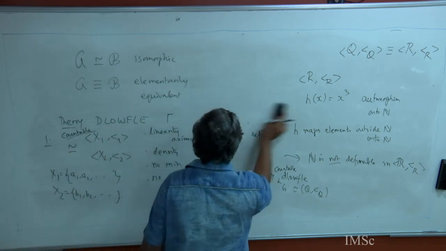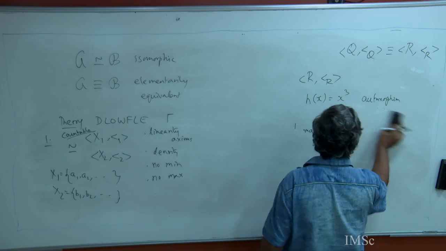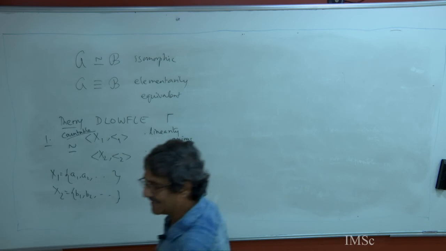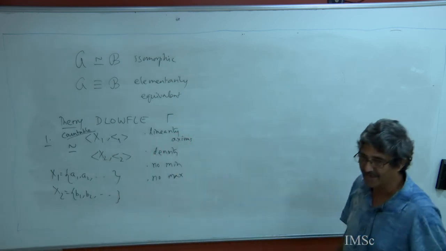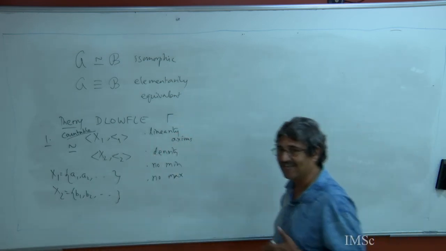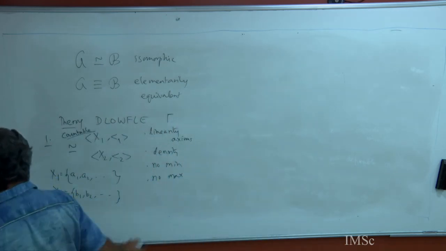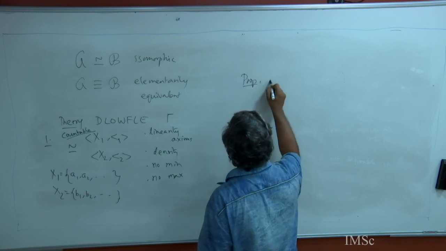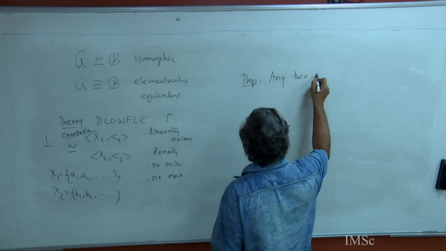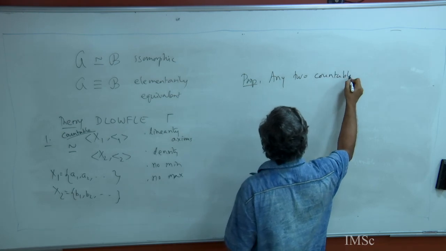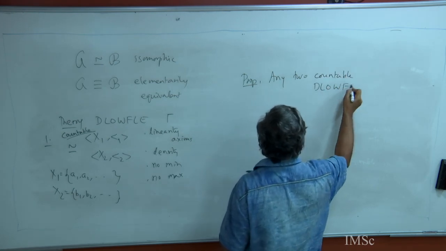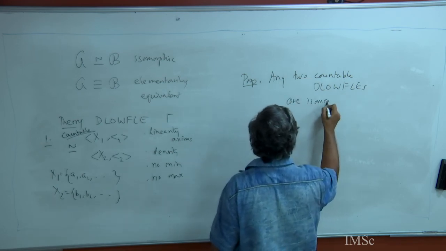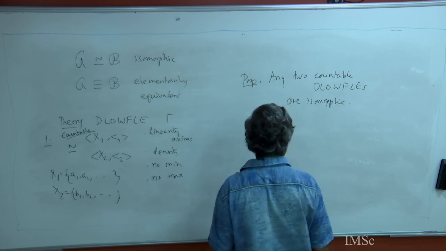So we'll get to this later. Let's not do it in a hurry. As I said, I want to do a little more model theory. That's a more complicated theorem. I realize that I need to build up a little more machinery before I get to showing that reals and rationals are not distinguishable. But let's just do this. So the statement is: any two countable dense linear orders without first and last elements are isomorphic.